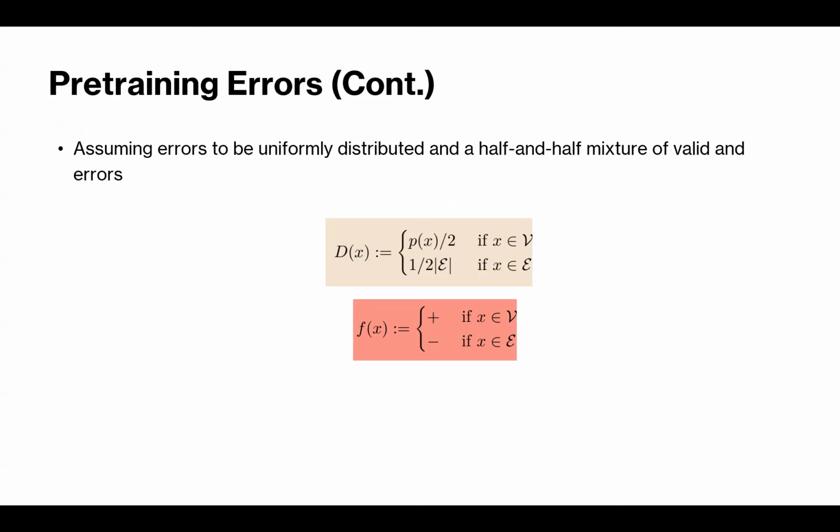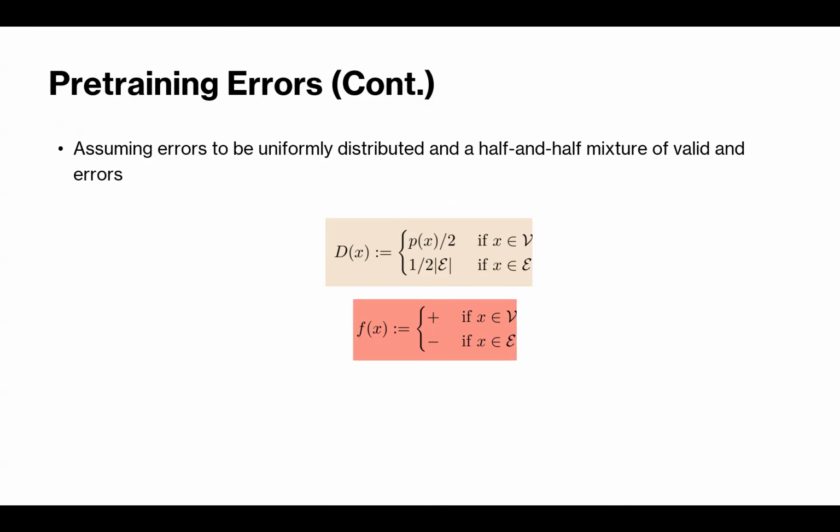In that case, they have integrated 2 or 3 steps here. So the distribution ideally should go like Px by 2 and Ex by 2, right? Because it's a half and half mixture. If x is an element of the valid set, the probability density of that being true is Px by 2, and the other would be Ex by 2.